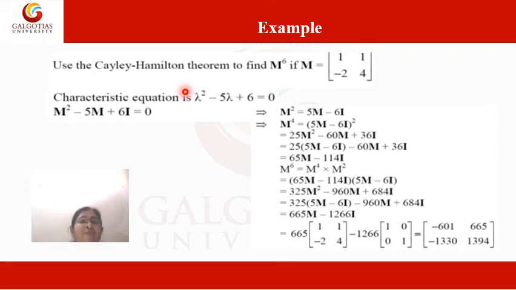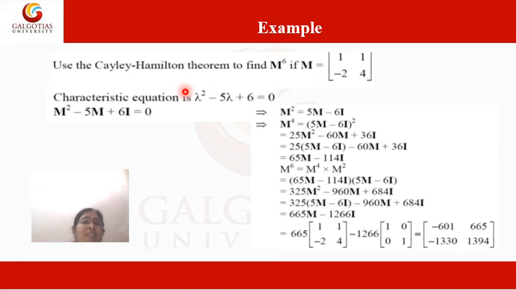Now what I have to find is M^6. So I will take M^2 on the left hand side and 5M - 6I on the right hand side, and square both. On squaring both, I will get M^4 = (5M - 6I)^2. This is (a - b)^2, which is equal to a^2 + b^2 - 2ab.